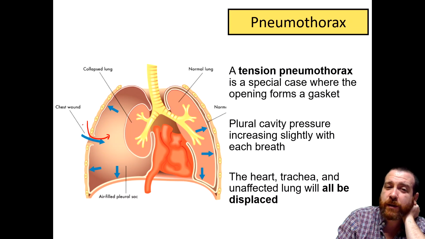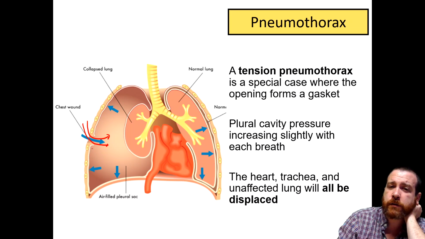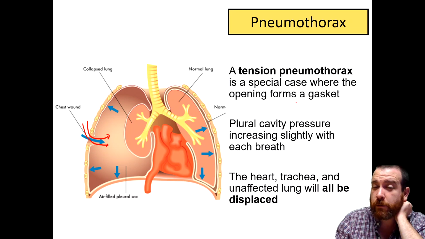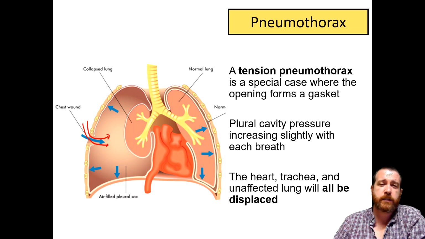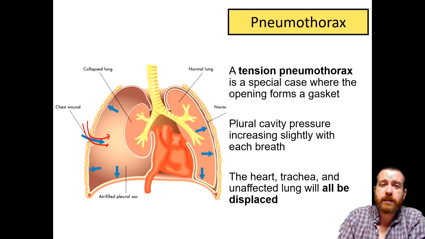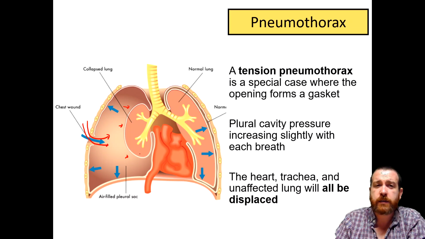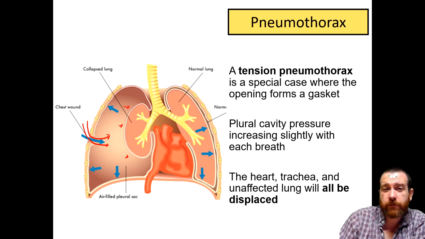Every time you take a breath in, right, that air is going to rush in, but as you're breathing out, that flange is going to close. And that flange means that more and more and more air gets trapped inside this pleural cavity. It's not just a collapsed lung, it's a lung that's actively starting to hyperinflate, right? Well, not the lung, but the pleural sac is starting to inflate. And it can actually start to impair heart function, right?